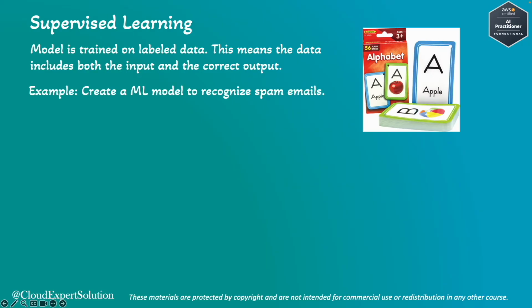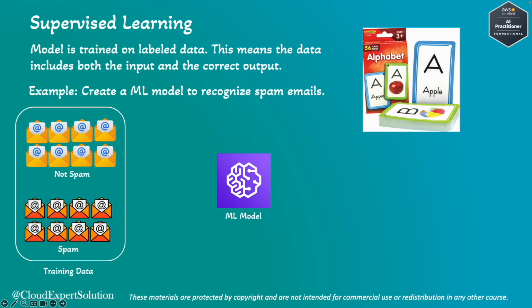Let's try to understand how supervised learning works, and we'll take an example of creating a machine learning model to recognize spam emails. We have a labeled dataset. In that labeled dataset, we have some emails which are marked as not spam versus some emails which are actually spam. And we have the machine learning model.